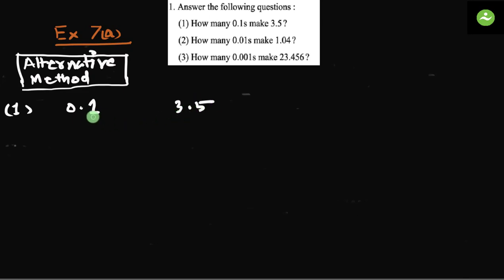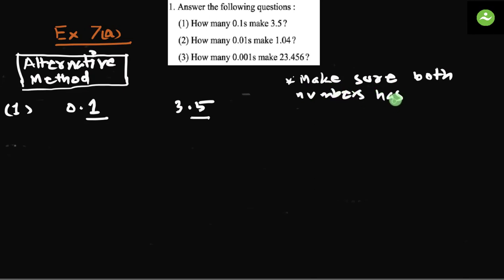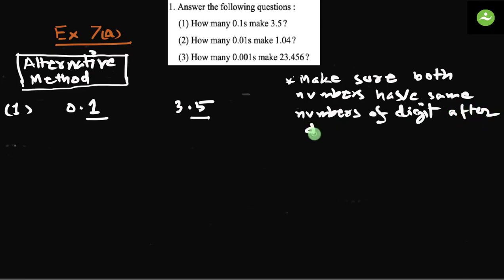The first thing you have to make sure is that both numbers have the same number of digits after the decimal.